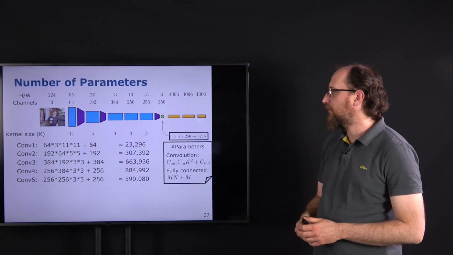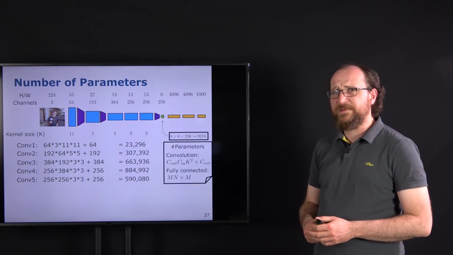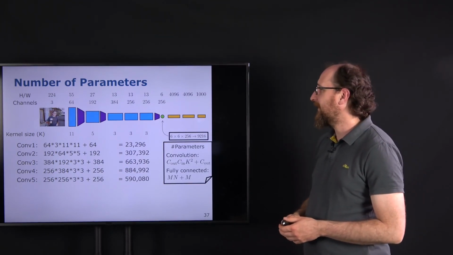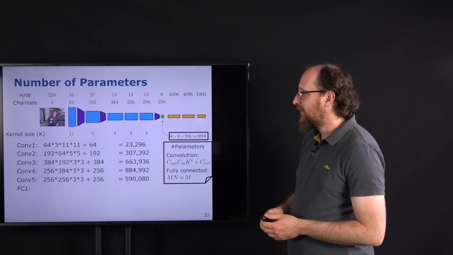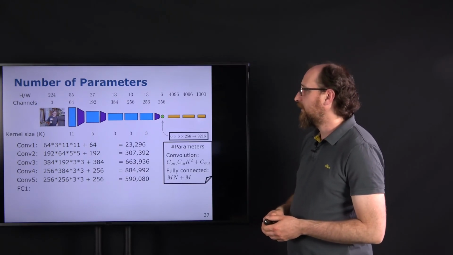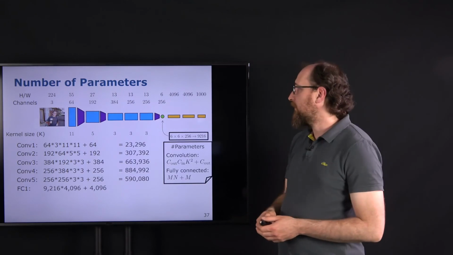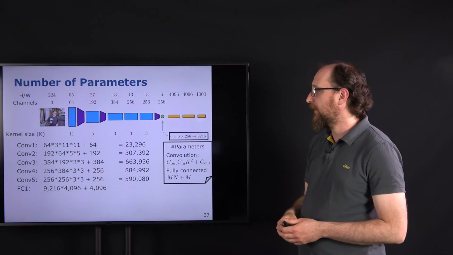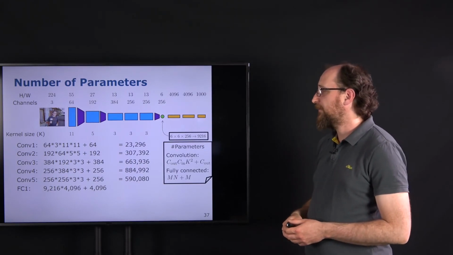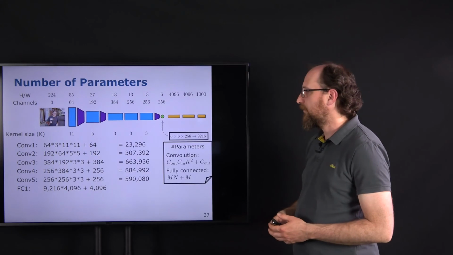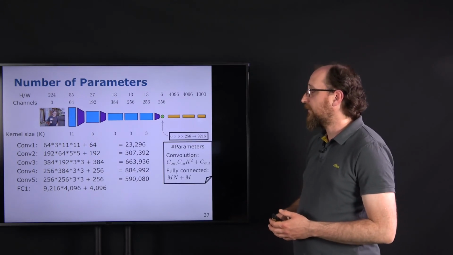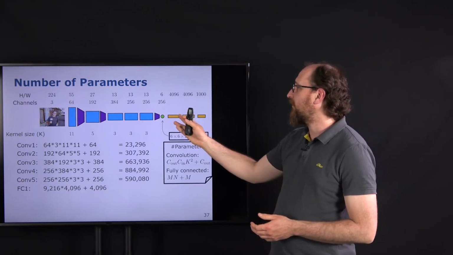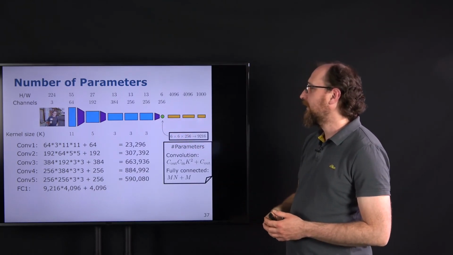We can then do this for the other convolutions, and we see that we are roughly at 2 million parameters. That means there's a lot of parameters left. And now comes the interesting part. When we look at the first fully connected layer, we have as input a vector of 9,216 dimensions, and we want to have out a vector of size 4096.